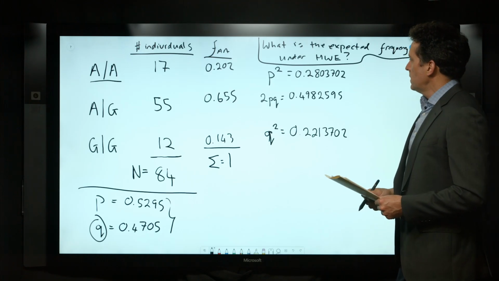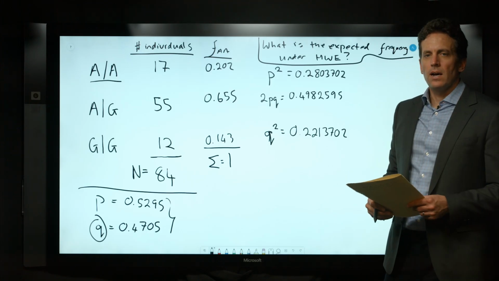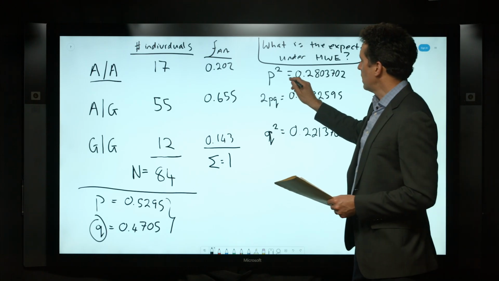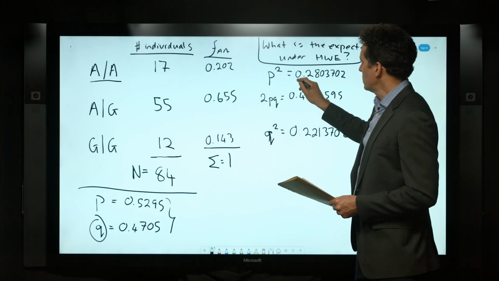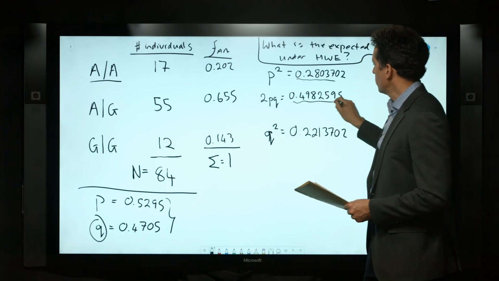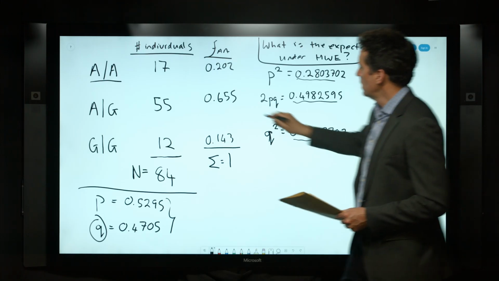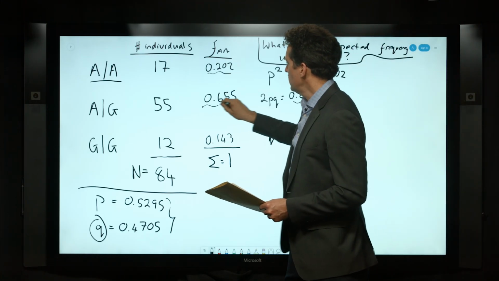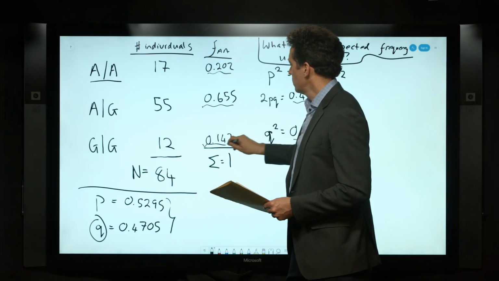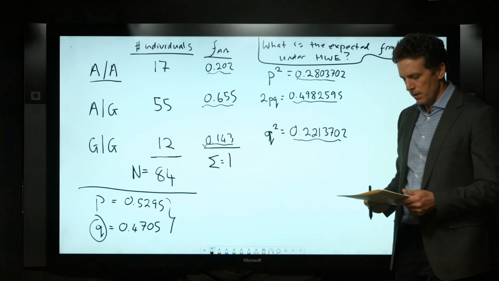And so we can already see that these expected genotype frequencies, as computed on the basis of Hardy-Weinberg equilibrium, differ somewhat from these observed frequencies as shown over here.